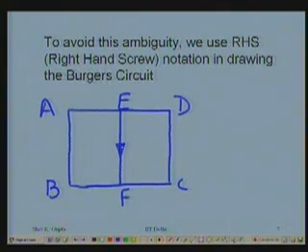I think we chose the direction F to E. Okay, so this is my T vector, and we found the Burgers vector from Q to P like this.